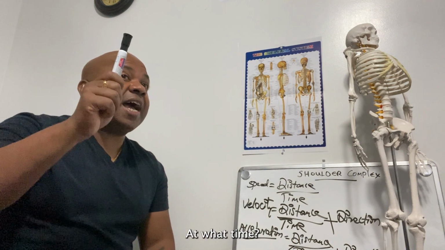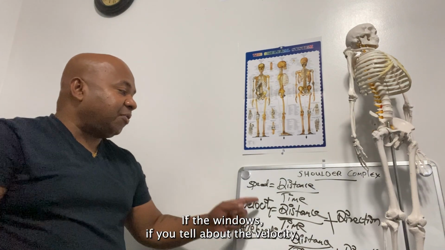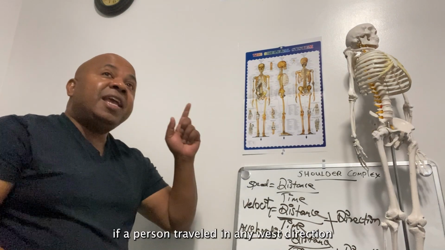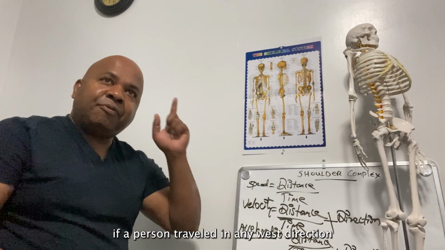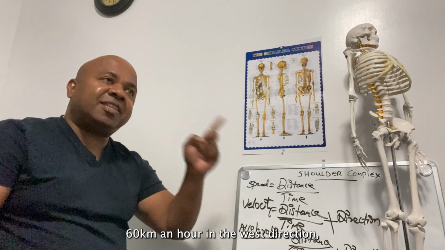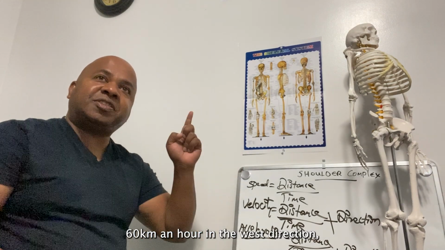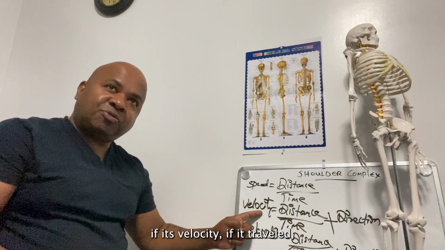At what time? If you tell about the velocity, if a person traveled in a west direction with 60 kilometers in an hour, that is velocity.